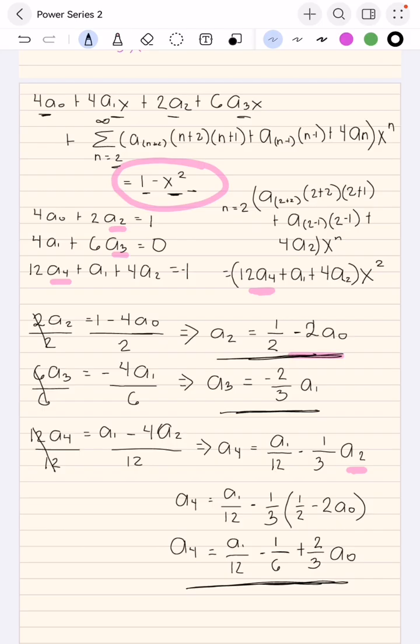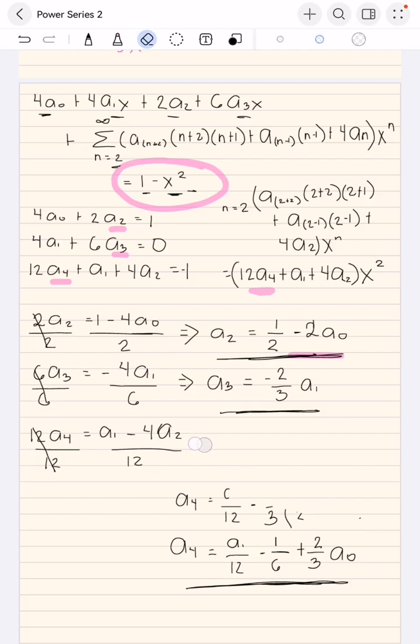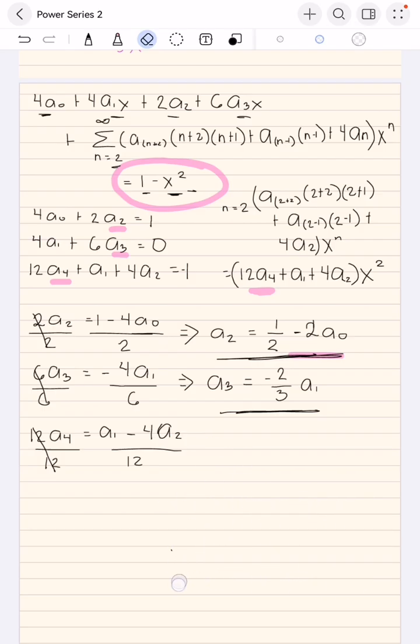Did I do something wrong in 12a4? Okay, so, I'm so sorry guys. So I did something terrible. I did something wrong in this part. Yeah. This is very normal to me.